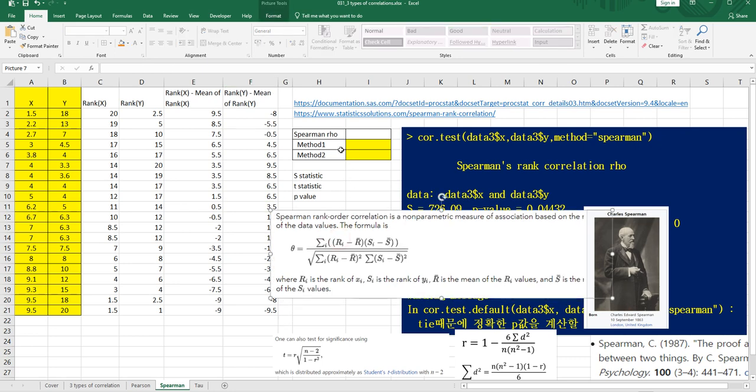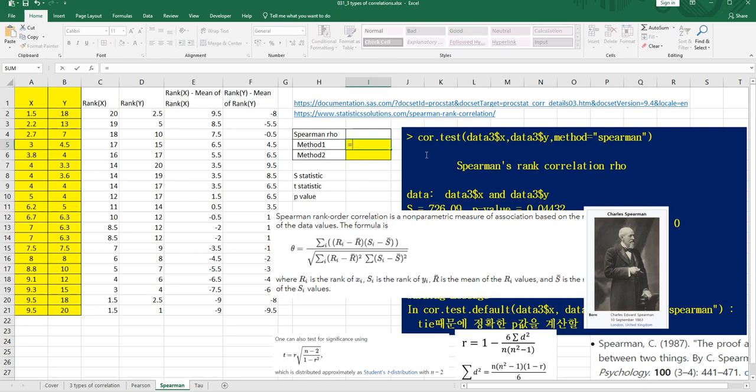So I will show you two ways to get Spearman's rule. The first method is using this formula. The numerator part we can consider using sum product, and for the denominator part we can use sum SQ.